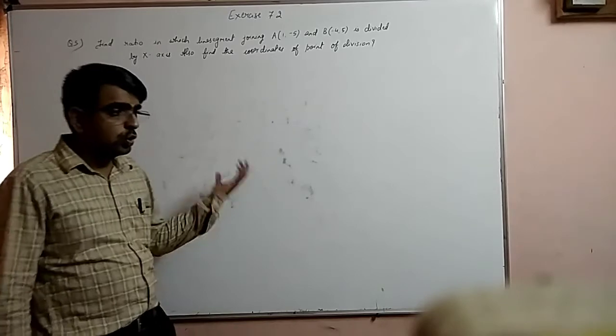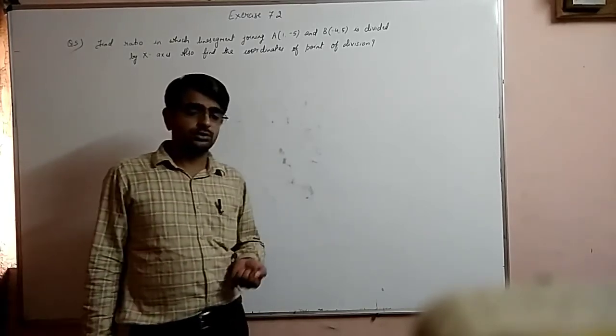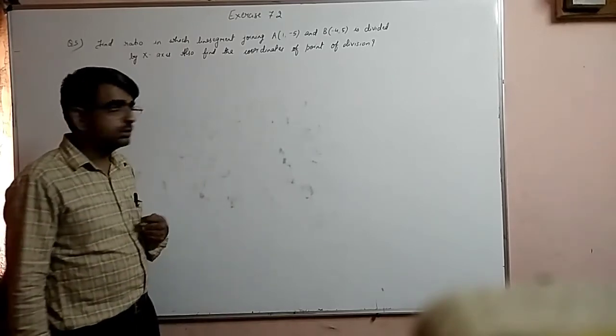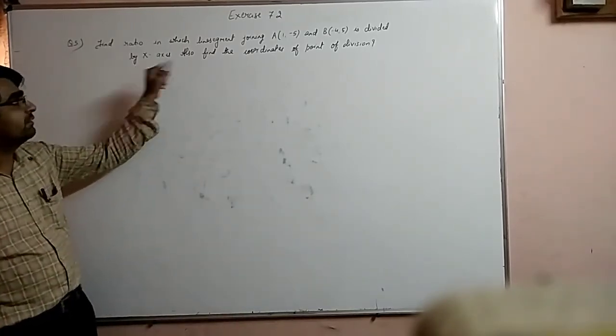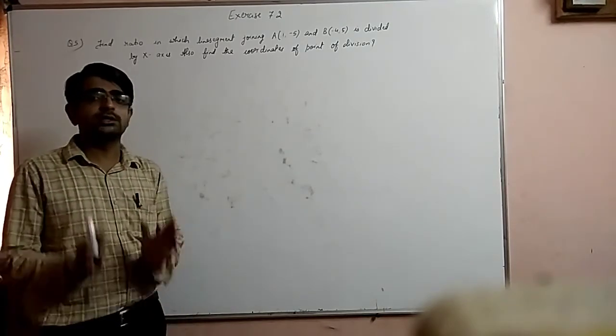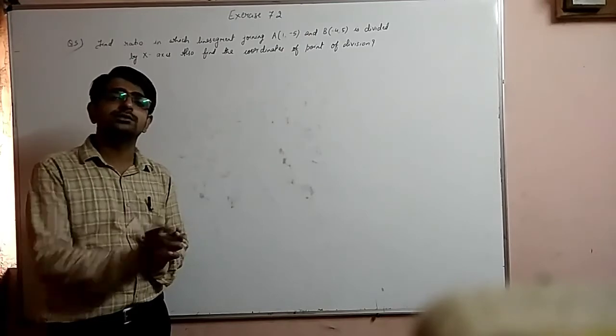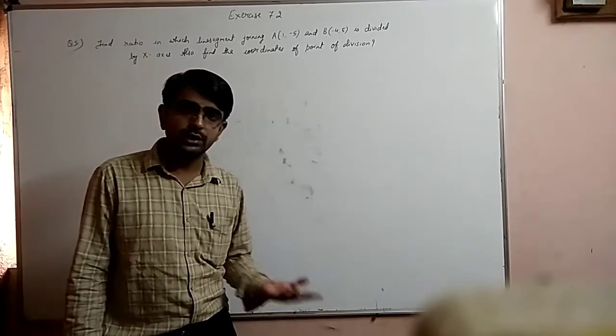Now, without the ratio, how can we find the coordinates? This is the problem, but one thing we are given is divided by x-axis. So x-axis means the y coordinate will be 0. Through this hint we can find the ratio.